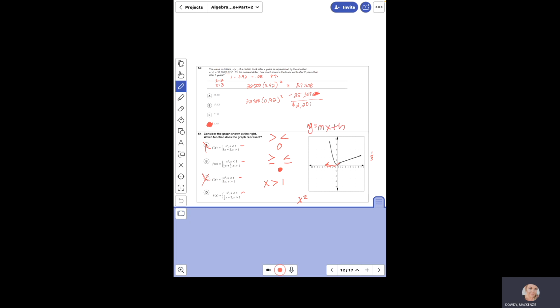That's why I was looking for this information. M is the slope, b is the y-intercept. So B has 1/3, and so does D as the slope. But then when you look at the y-intercept, the only one that's a fraction is B. So B would be our answer.